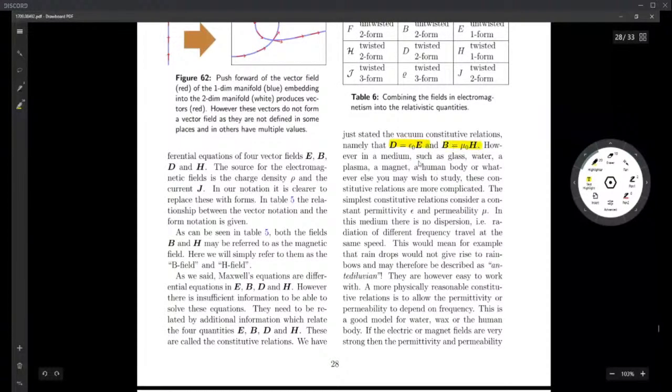So these are what you call permeability and permittivity. They, in a sense, describe the medium, and they are constants essentially. And the reason they are constants is because the way light behaves is the propagation of frequencies. The radiation of different frequencies does travel at the same speed.